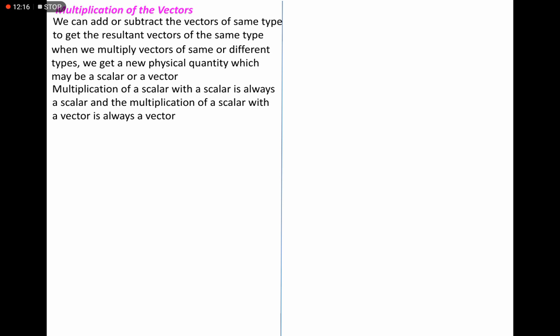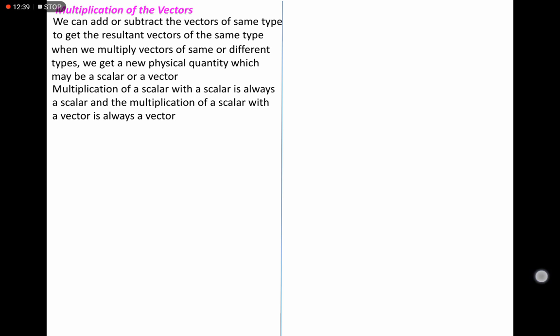And if we multiply scalar and vector together, we'll get the third quantity as a scalar or a vector. There are various examples in our syllabus, and we'll learn them time to time.